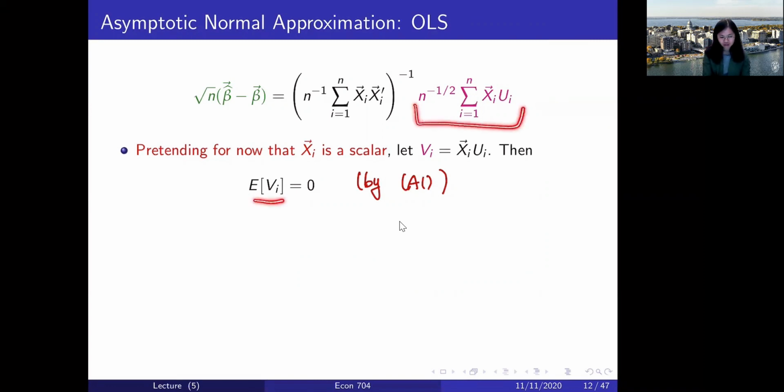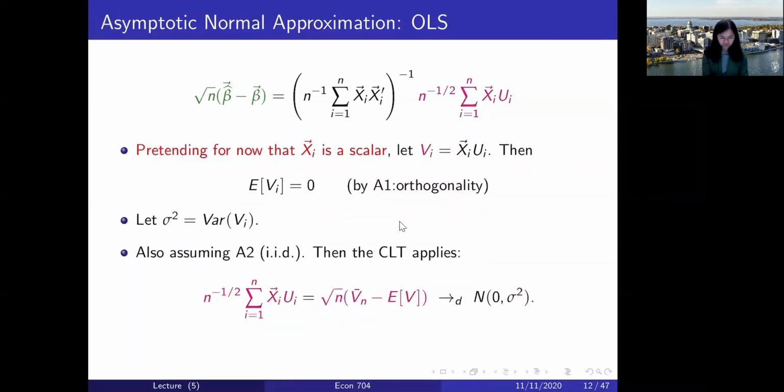So therefore, this is actually equal to square root n times the sample average of v minus E[v], right? Because E[v] is actually 0, and v bar, the sample average of v, is 1 over n times this summation. Because we have 1 over square root n here, you can have a square root n here.